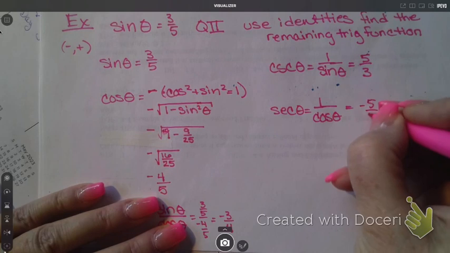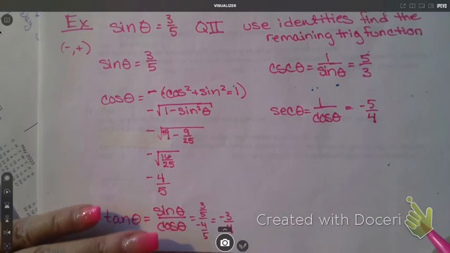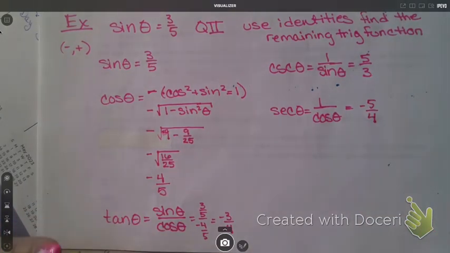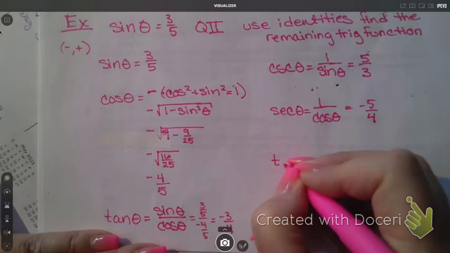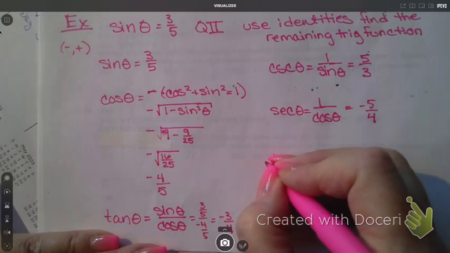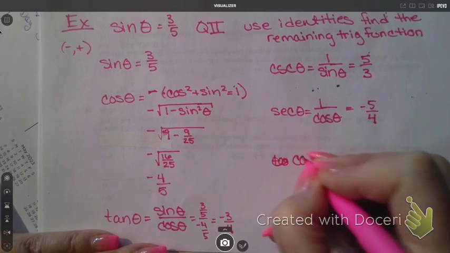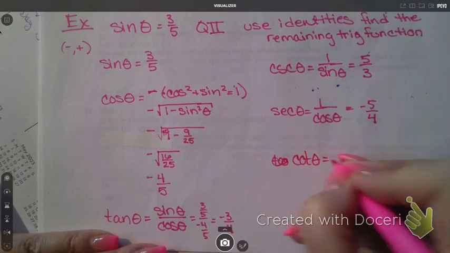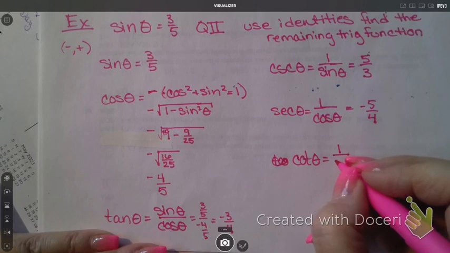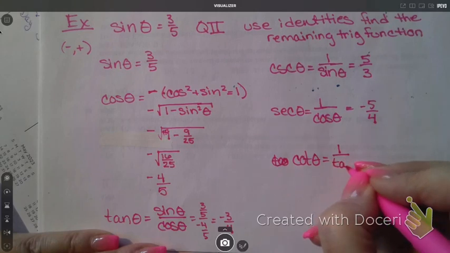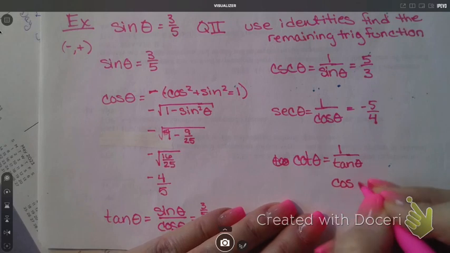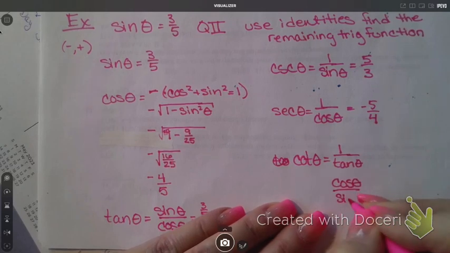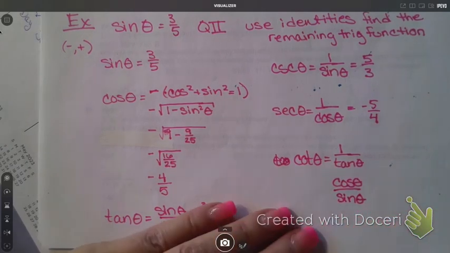Negative 5 over 4. And if I had to draw that triangle, the negative isn't on the 5, it's on the what? 4, because the radius is never negative. Yep. Cotangent of theta is 1 over tangent. Could we have also used cosine over sine? Could we use either one of those?